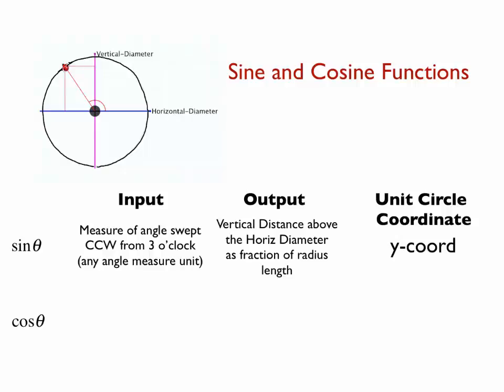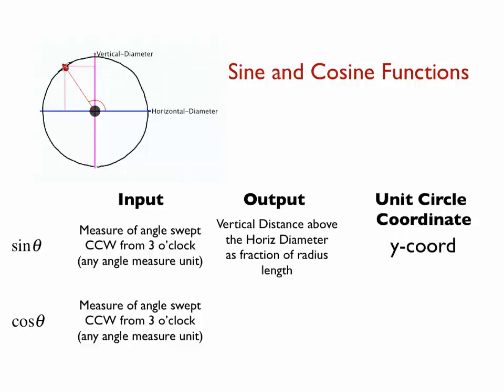Okay, cosine theta, input. Bam. The measure of angle swept counterclockwise from 3 o'clock. Exact same input. They have the exact same inputs, that same angle for both of them. And what's the output? Horizontal distance. Yeah, we're cosine.